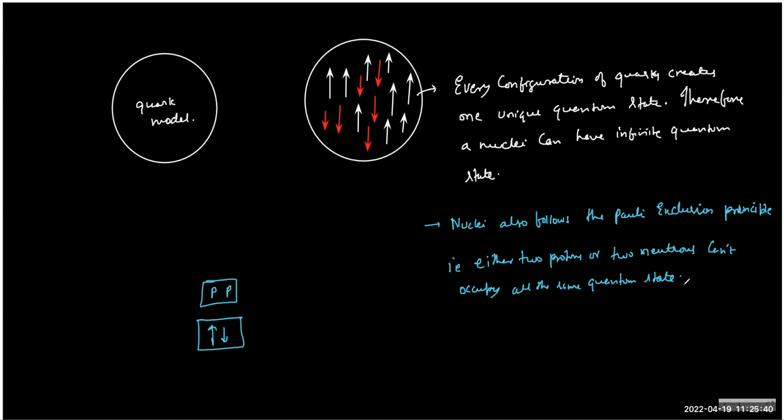So two protons or two neutrons cannot have all the same quantum state.